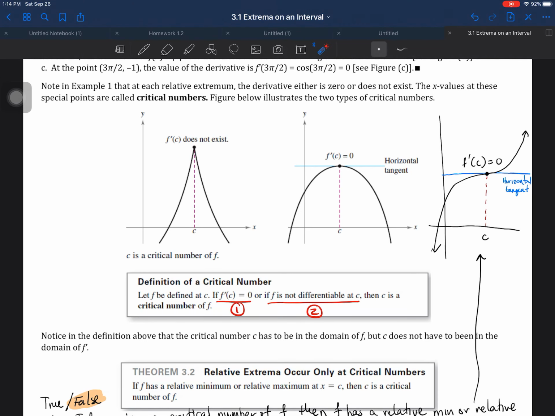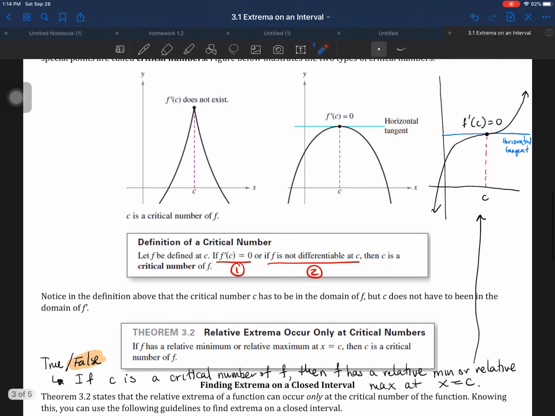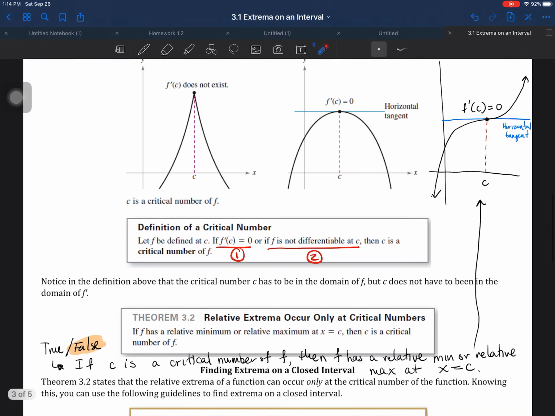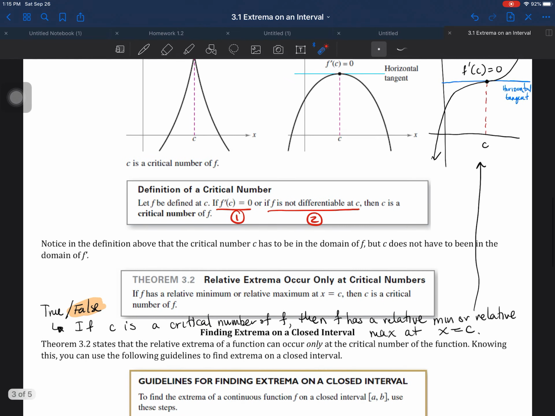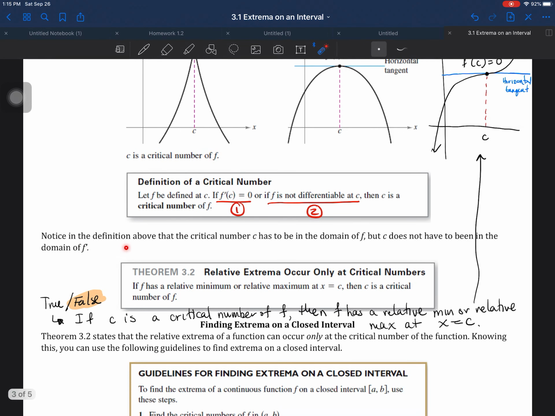Now the next question is that C must be part of the domain. We want to make that assumption clear: f is defined at C, so C is part of the domain of the function. Notice in the definition above that the critical number C has to be part of the domain of f.